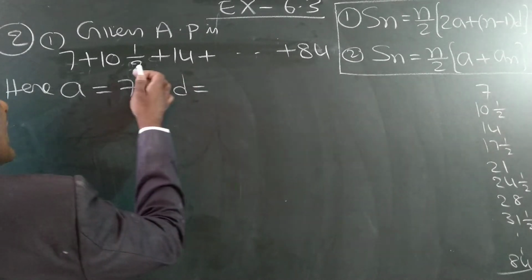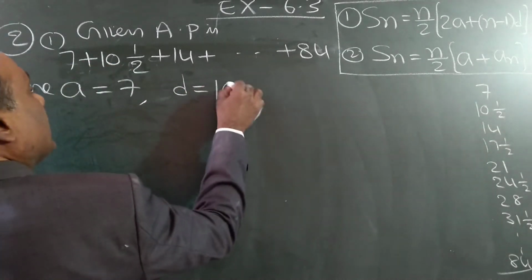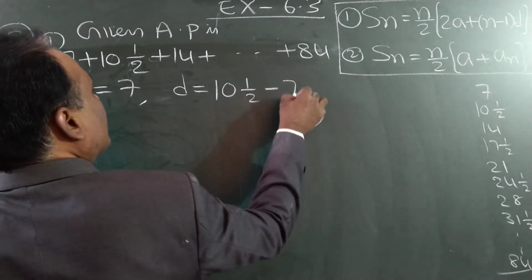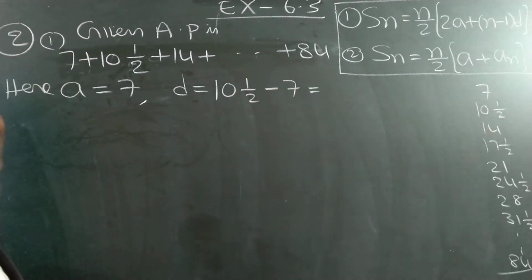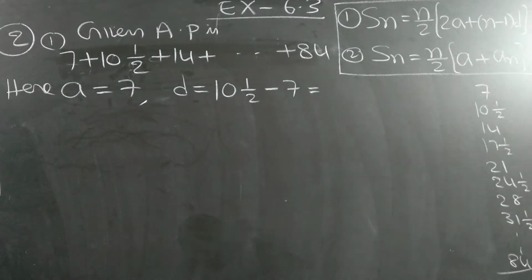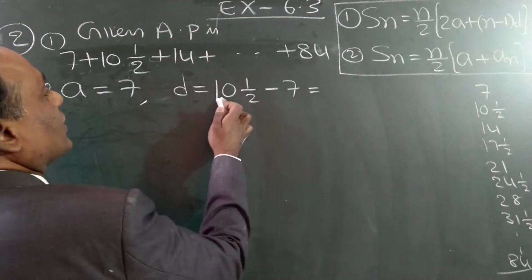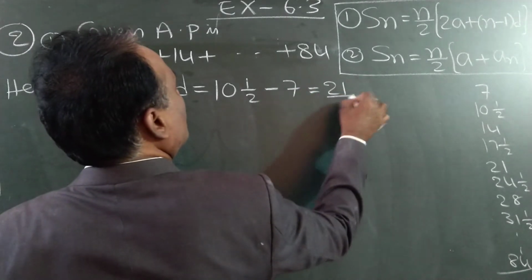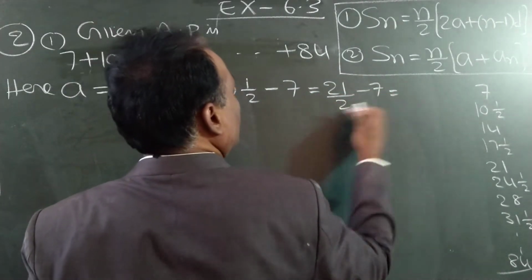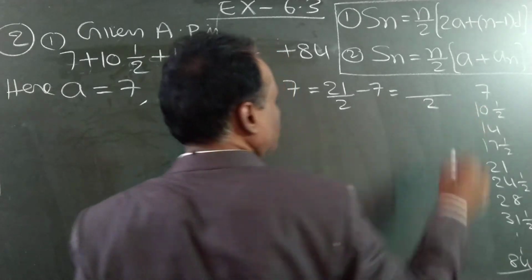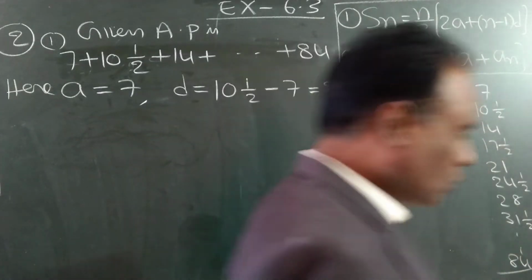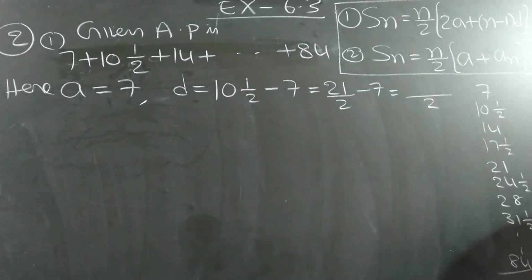Difference is second term minus first term. 10 and half minus 7. 2 tens are 20, 21 by 2 minus 7. Take the LCM of 2 and tell the value. Simplify it.